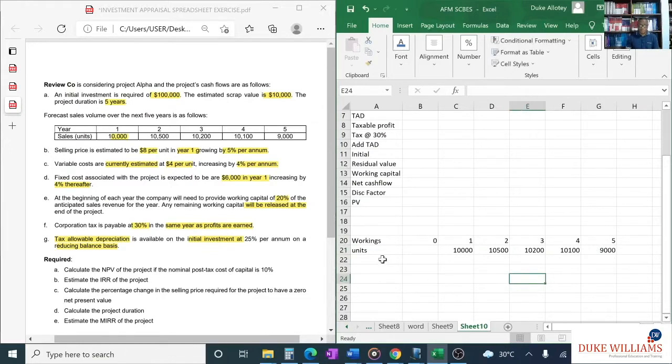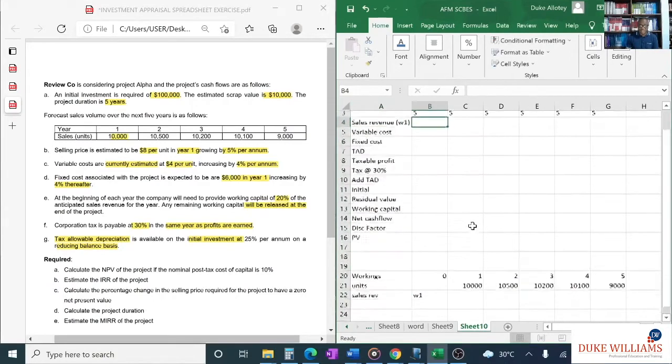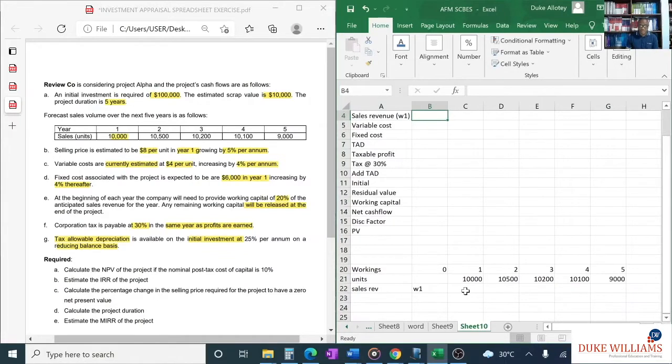Okay, so I want to work out the sales revenue. I would want to call it working one. So it means that I can go here and reference this as working one, just to tell the marker, if it needs to find out how I arrive at the figures here, it needs to come here and see that. Now, what do I do?